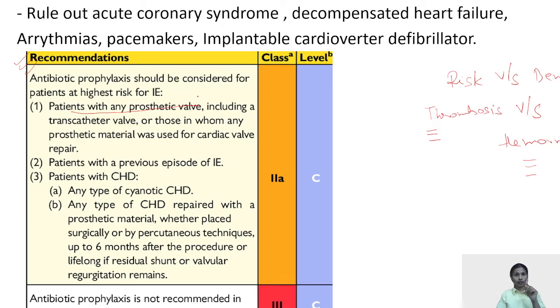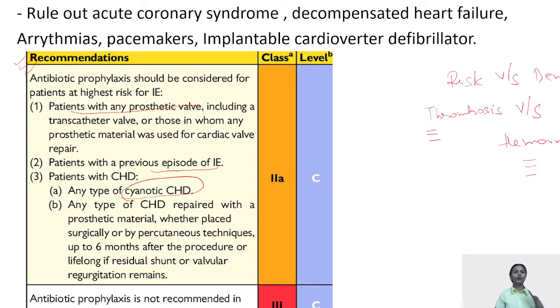First, patients with any prosthetic valve. Second, the patient already had a previous episode of infective endocarditis. Third, the patient had cyanotic congenital heart disease. Please remember, it is cyanotic congenital heart disease. And last, any type of congenital heart disease which has been repaired with a prosthetic material, as I've already stated, plus it has been placed not more than 6 months from your surgery, then this has to be always given, right?